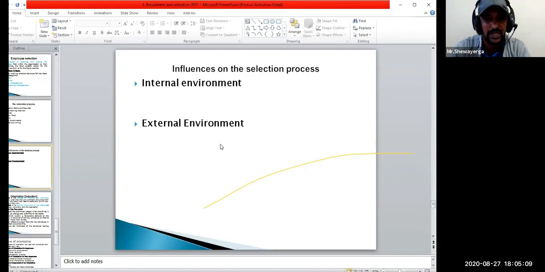External environment includes government policy, government rules and regulations, inflation, and labor market. All these are factors which influence the selection process. So selection is influenced by these two major factors.